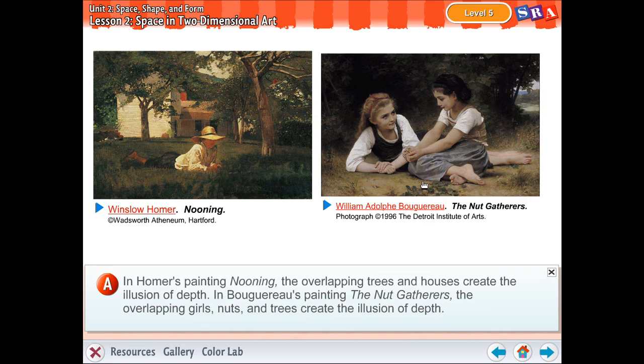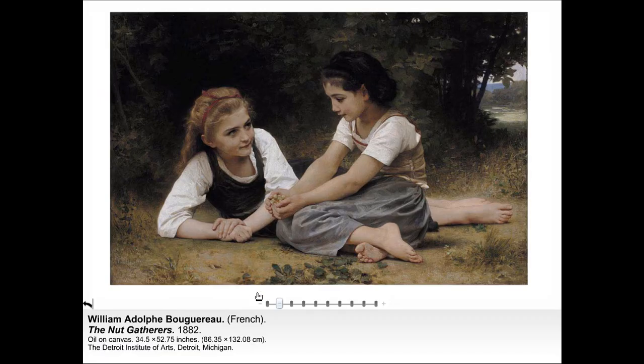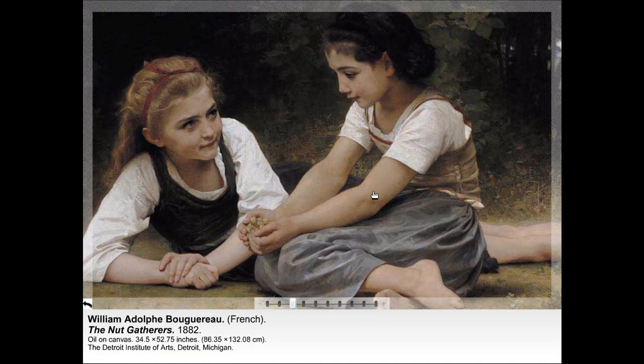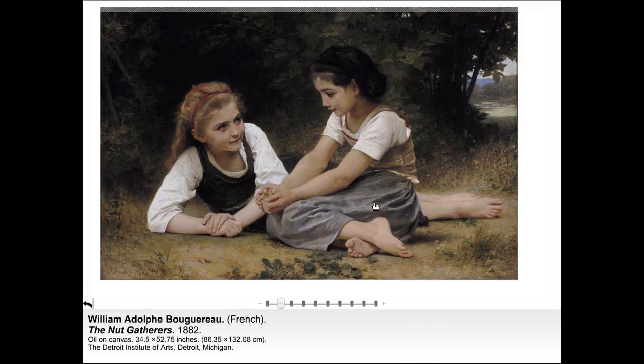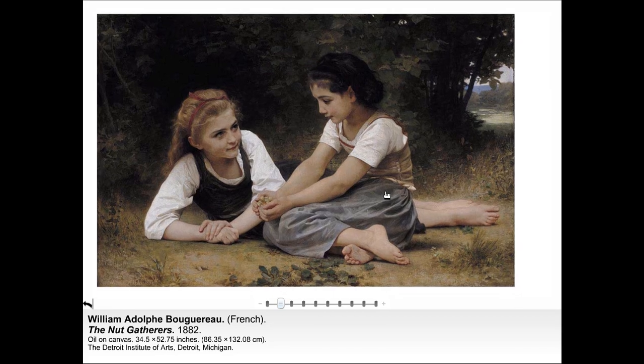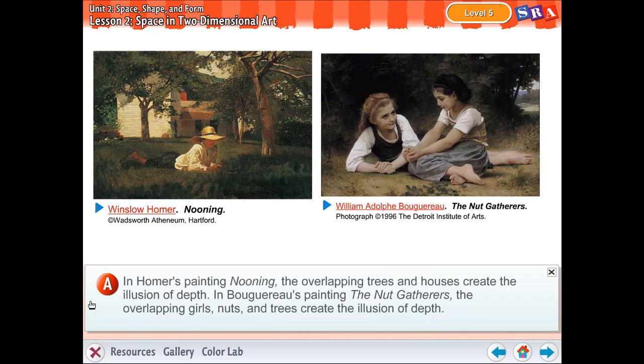And let's look at this one. This is the Nut Gatherers. What is overlapping in this picture? Okay, let's take a look. Again, in Bergerot's painting, The Nut Gatherers, the girls are overlapped. And you can see that one girl is behind the other one. So this one means she's in the front, she's in the back.